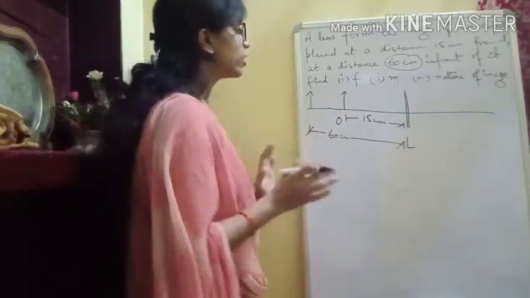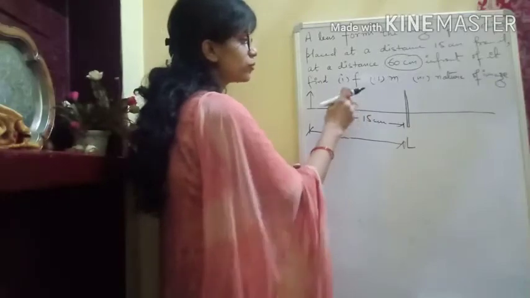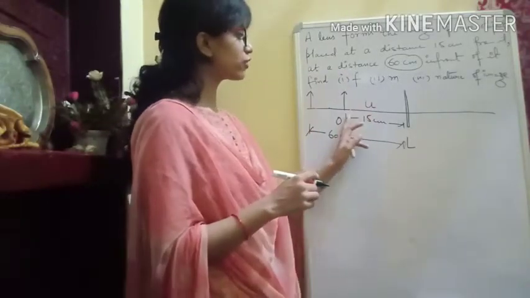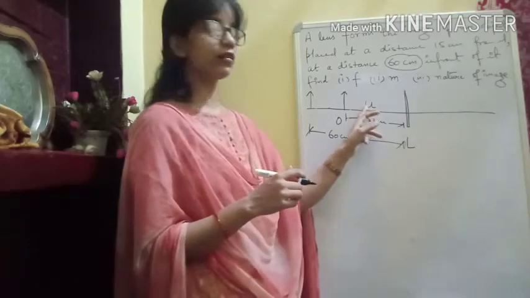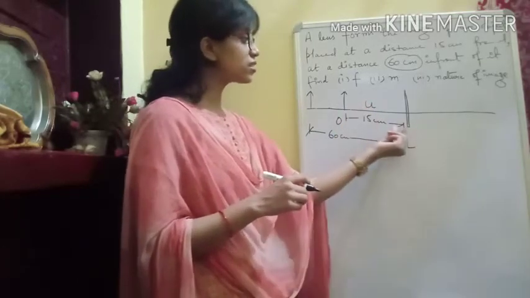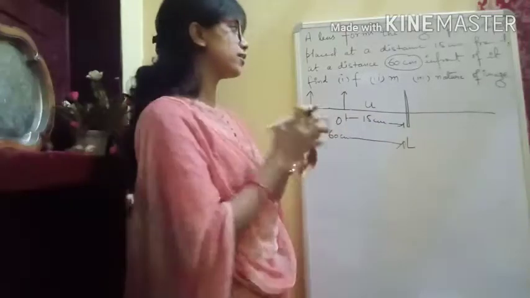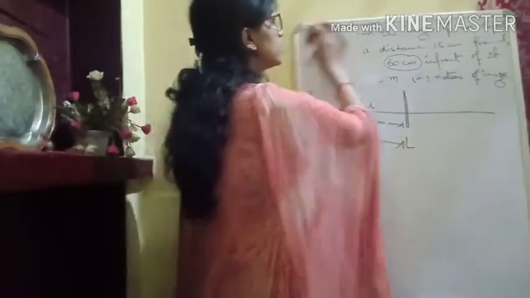Okay. So here, this is our object. This distance will be u, as we know that the distance of the object from the lens is always denoted by u. And since it is on the left hand side, the distance will be with minus sign. This we have already learned in sign convention.